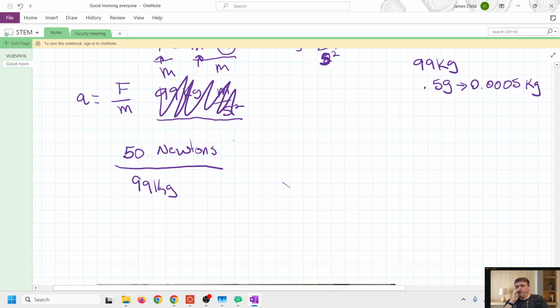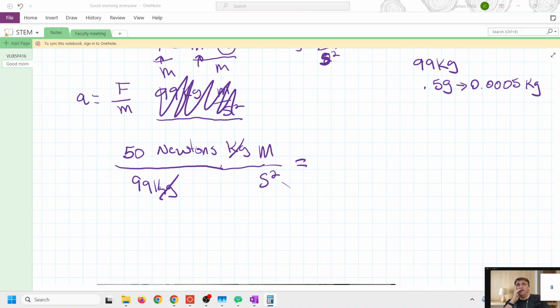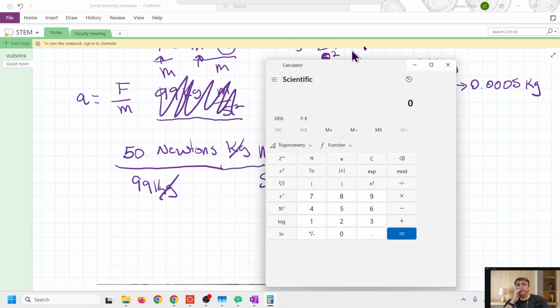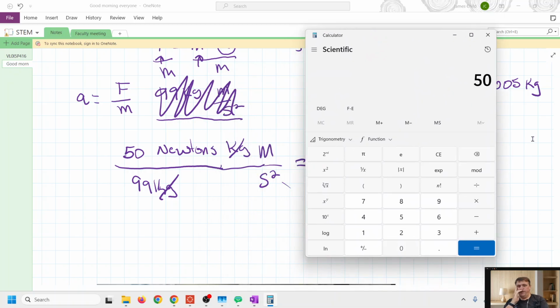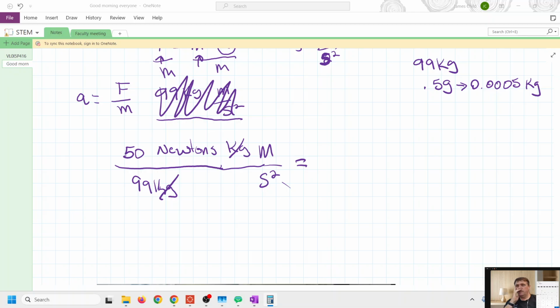Okay. Remember, newtons is kilograms times meters per second squared. So the kilograms cancel. And that is equal to, let's get a calculator. So 50 divided by 99 is equal to 0.51.